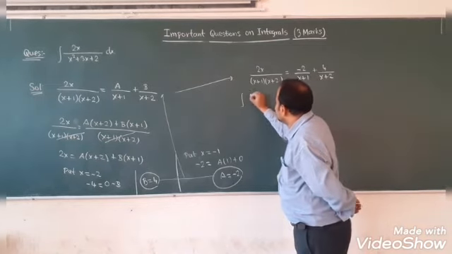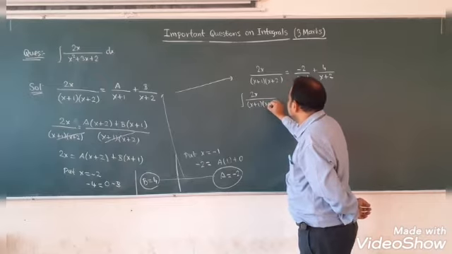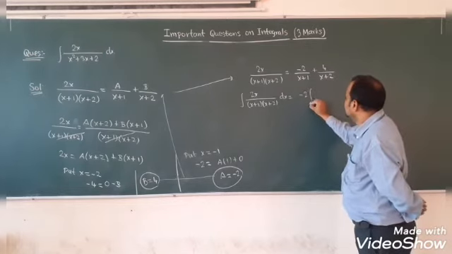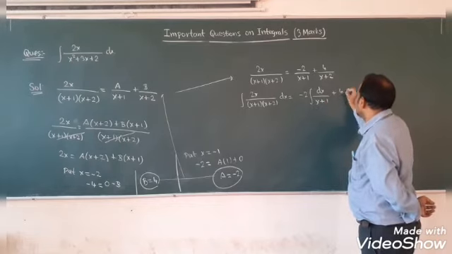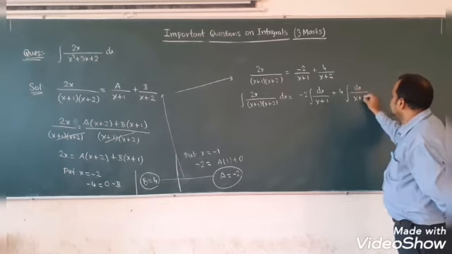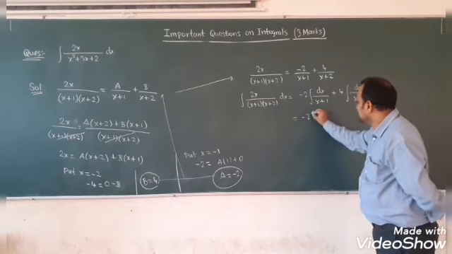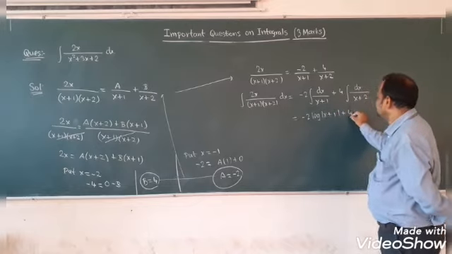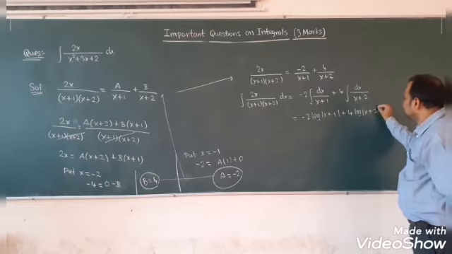So apply. Here I can say integral of 2x divided by (x plus 1)(x plus 2) dx is equal to minus 2 will come outside, dx divided by x plus 1, and 4 will come outside, dx divided by x plus 2. Now apply integral. So minus 2, 1 by x plus 1, so log of mod of x plus 1, plus 4 times log of mod of x plus 2.